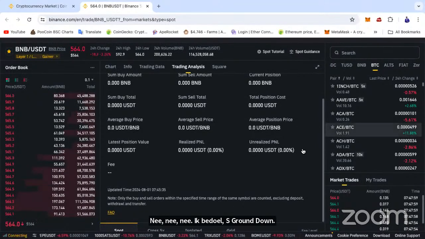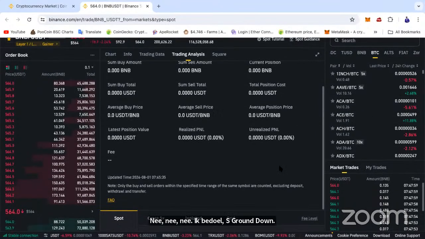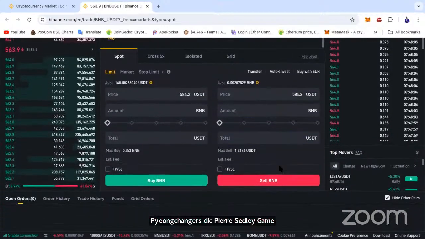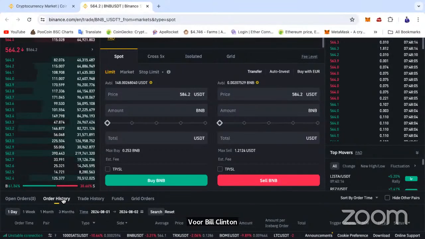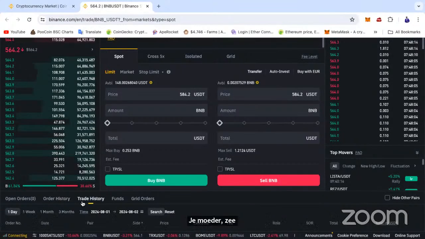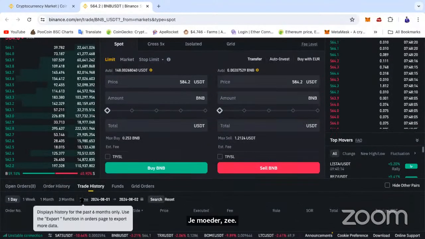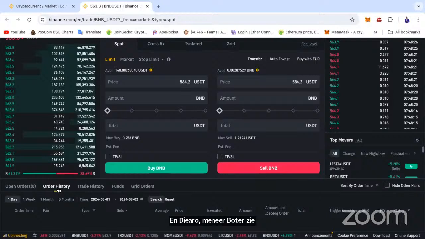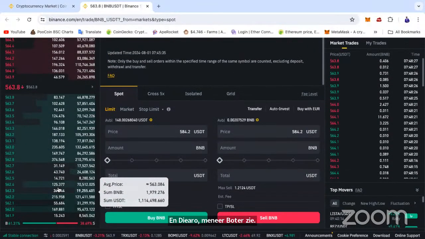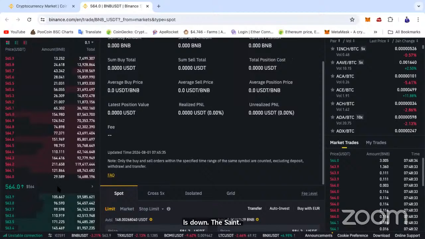If I want to see the other side of the game, then I need to get here to be able to see what is happening down this side. So Binance is not conducive.